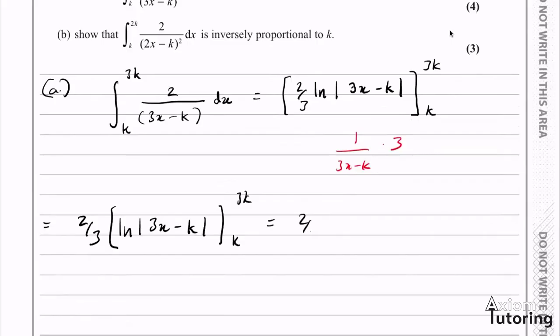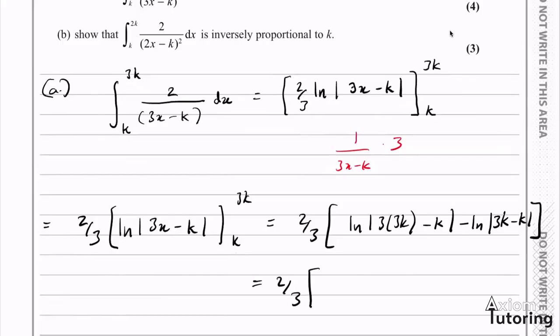So let's write this out as 2 over 3 ln of 3 times 3k minus k, minus ln of 3 times k. That's just 3k minus k, like that.